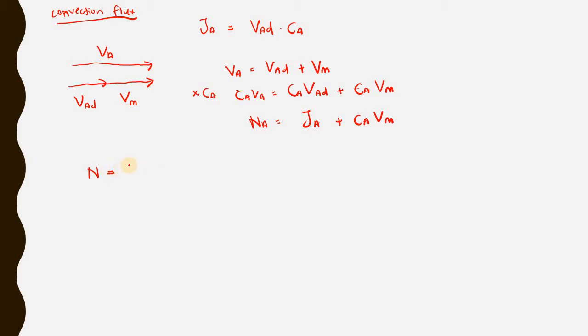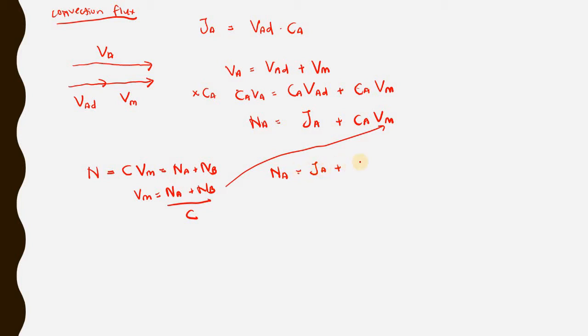So N is equal to the total concentration times Vm, which is also equal to NA plus NB. So if we want Vm, NA plus NB is divided by the total concentration. So we replace into here, so it will be NA is equal to JA plus CA over C times NA plus NB.